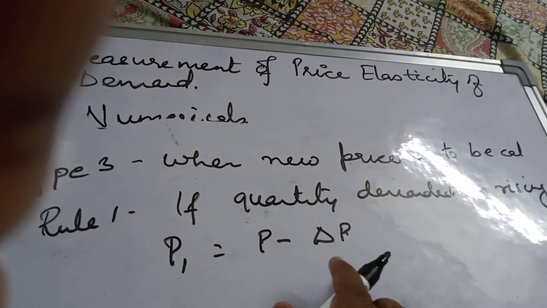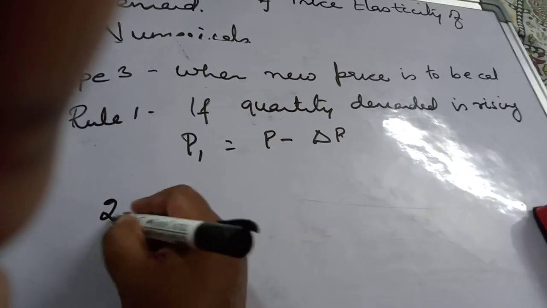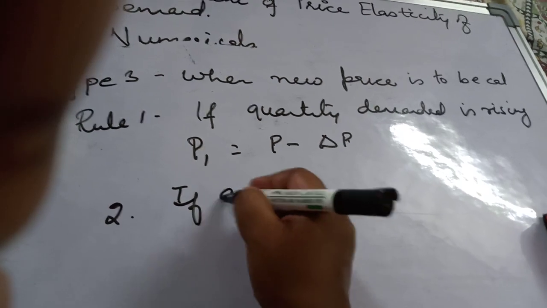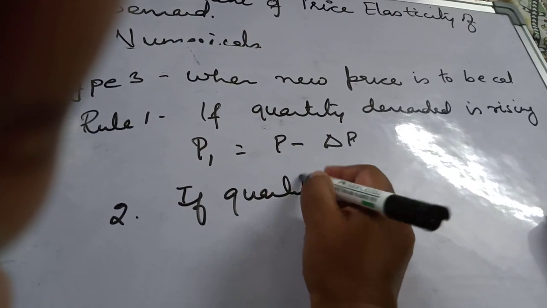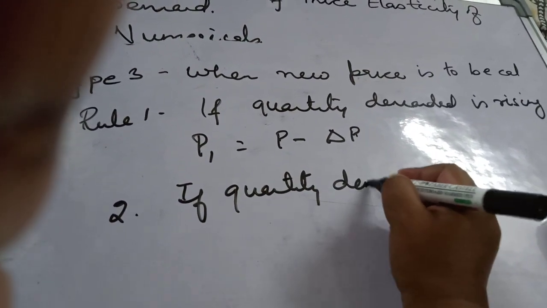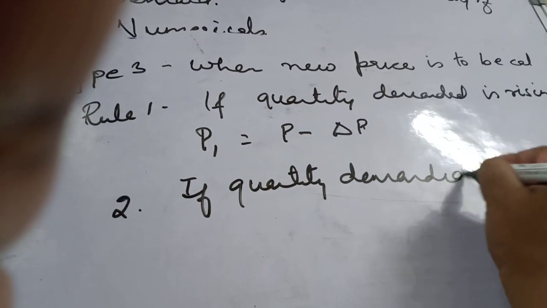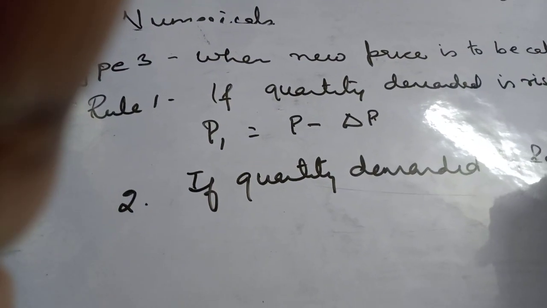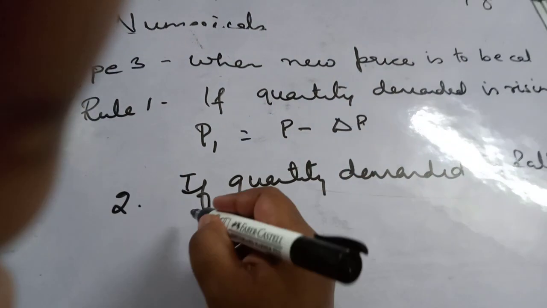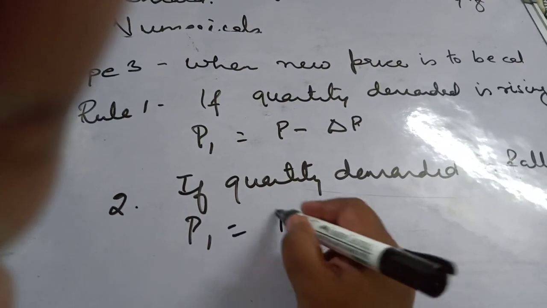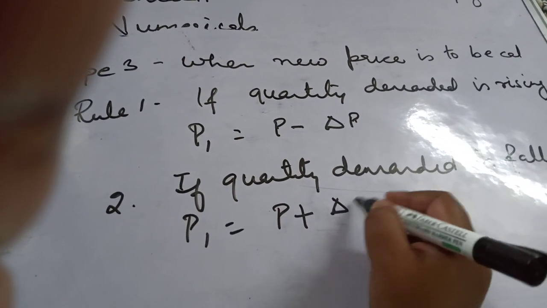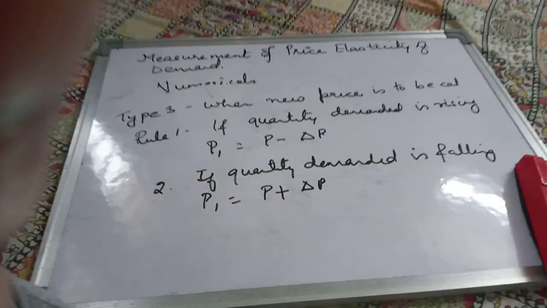So P minus delta P. What is rule 2? If quantity demanded is falling, then what is the new price? P1 is equal to P plus delta P.